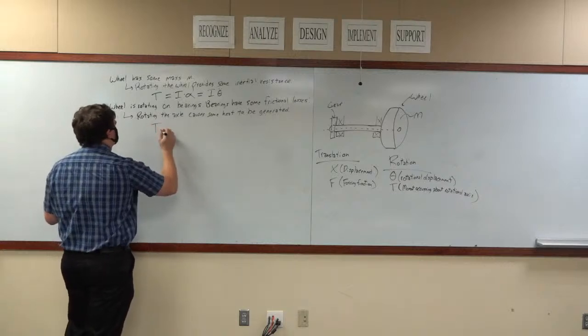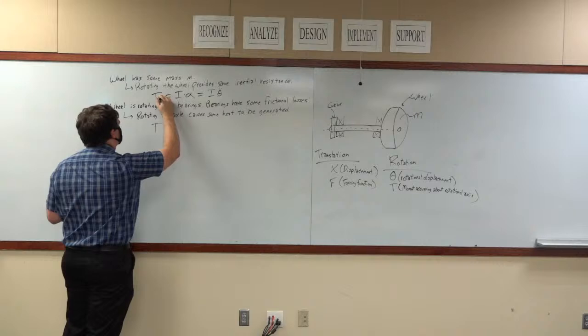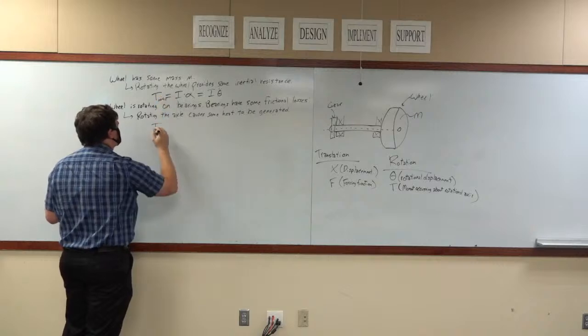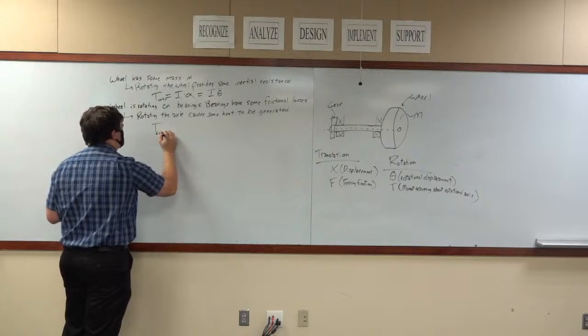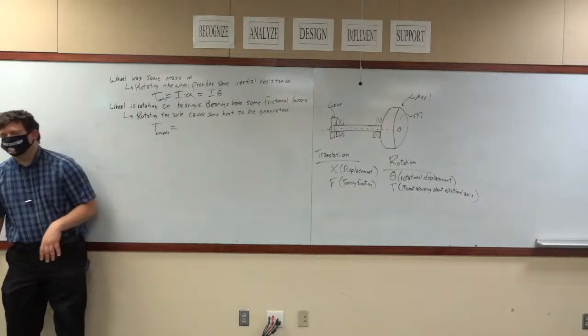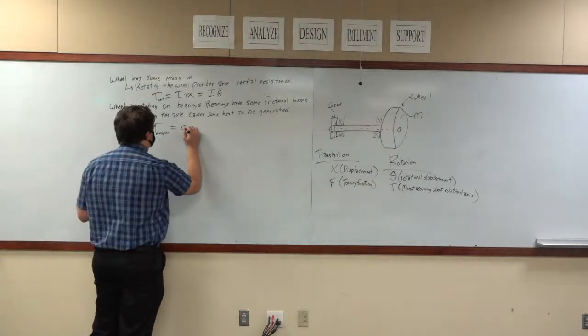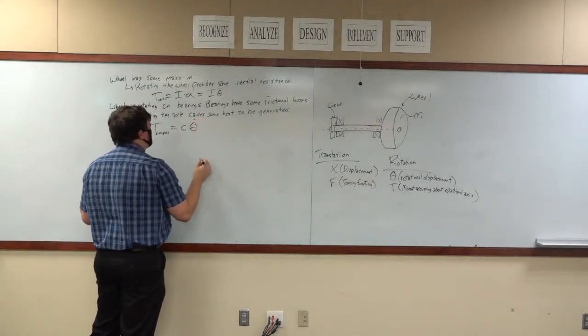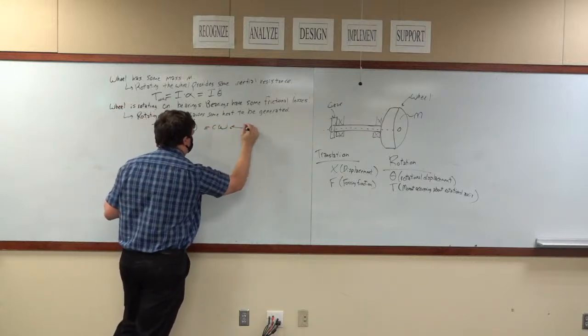Okay, here, so this is T inertial. This is T dissipate, which just means that it's a torque created by transferal of energy from rotational to heat. This is going to be equal to C theta dot, where theta dot is your omega, which is your angular velocity.